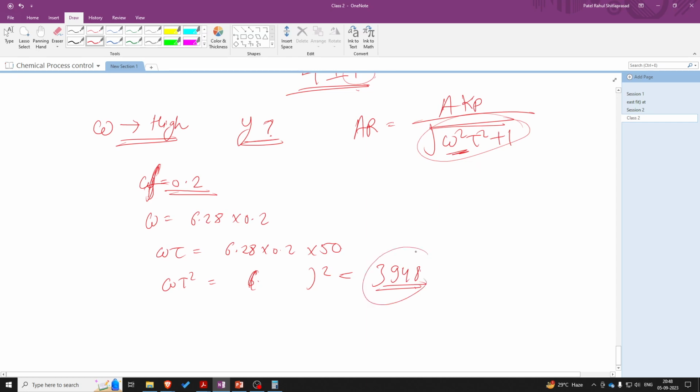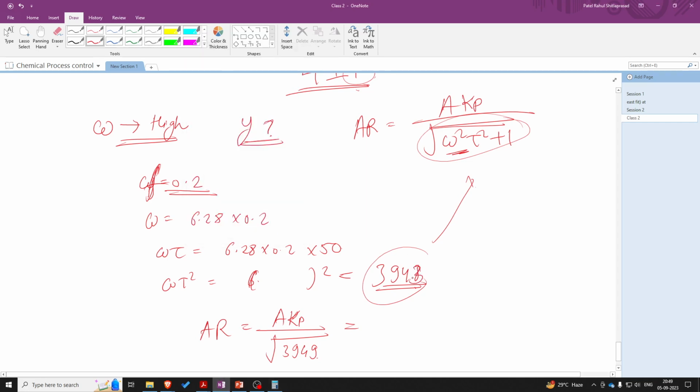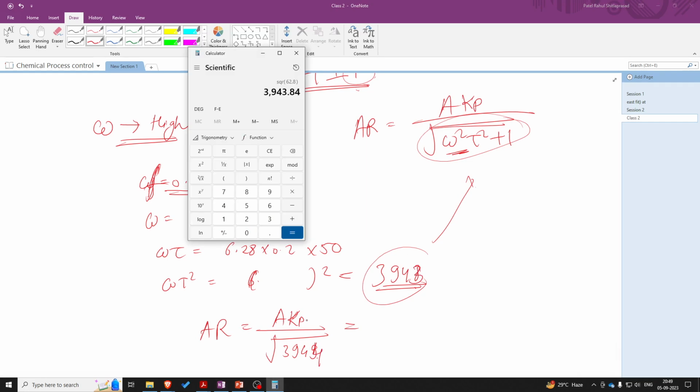So we can put this value over here and get that amplitude ratio will become A Kp upon under root of 3943, so this will become 3944.